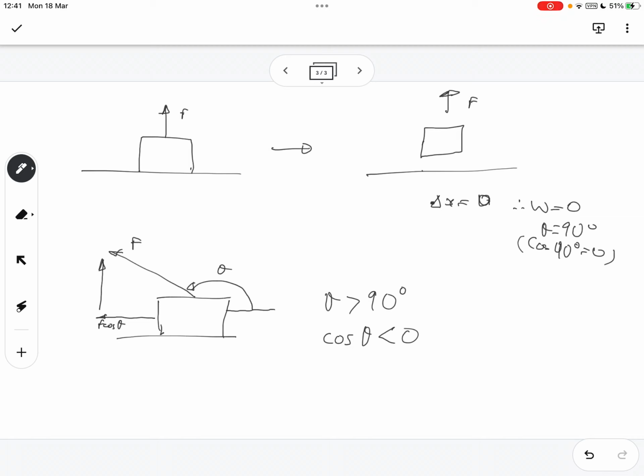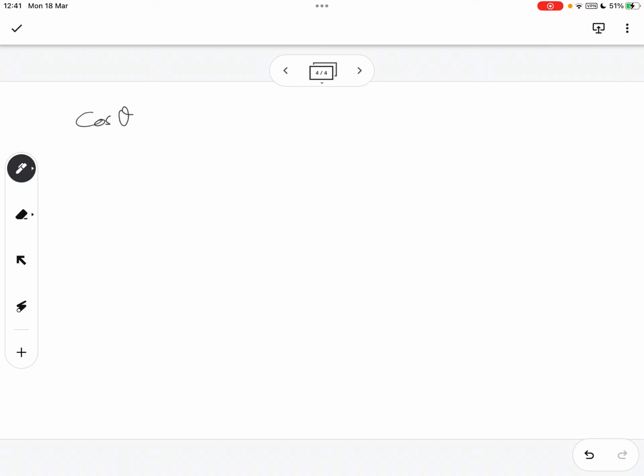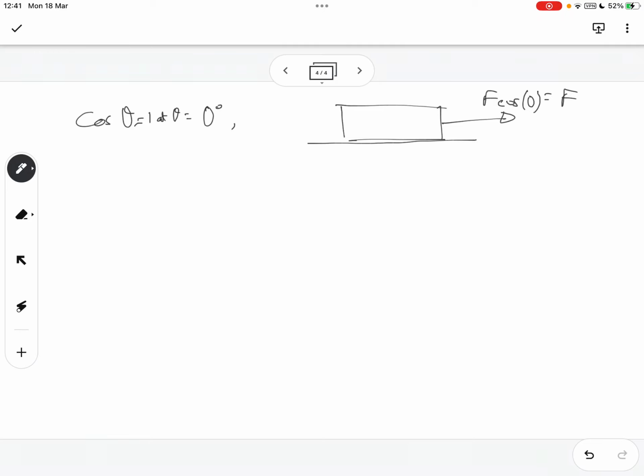So we can start like this. With cos theta, and theta equals 0 degrees, cos theta equals 1, so we'd have F cos 0, which equals F. Then cos theta equals 0 at theta is 90 degrees.